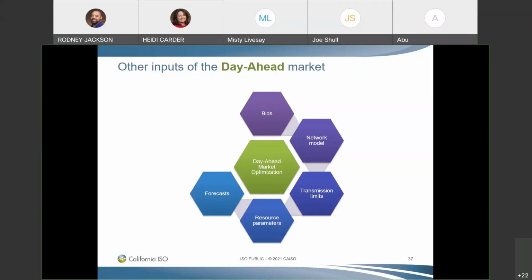Forecasts are used to predict the needs for the next day, and these include demand forecasts as well as weather forecasts, providing insight into the energy requirements and the potential quantity of renewables that might be available. If it's going to be windy for the day, maybe the turbines are used. Transmission outages and resource outages will impact the amount of megawatts that can flow, and the market uses this information in determining which resources can be awarded.